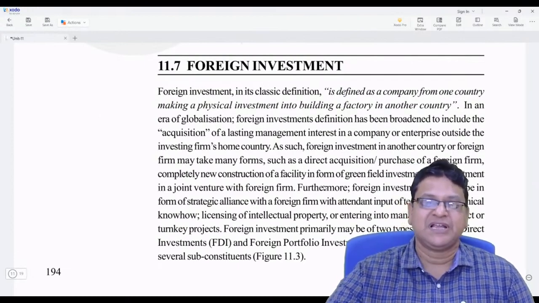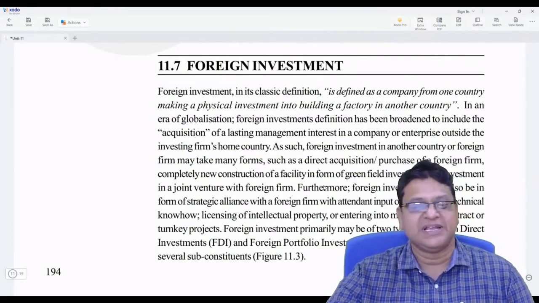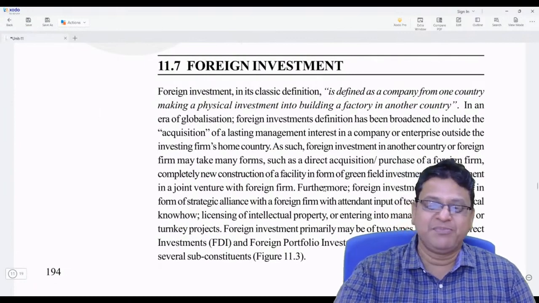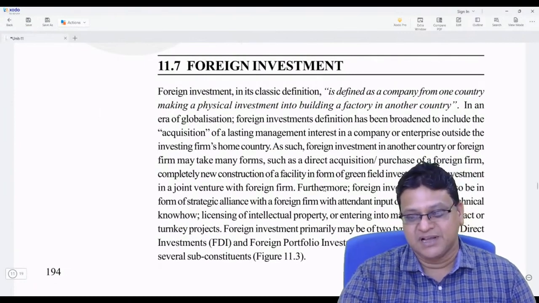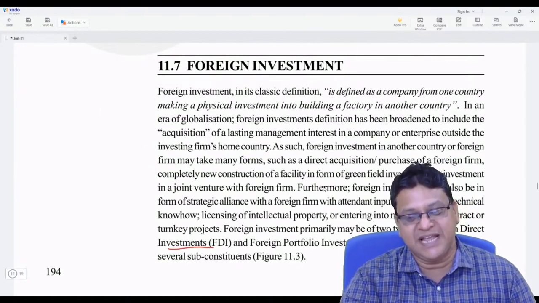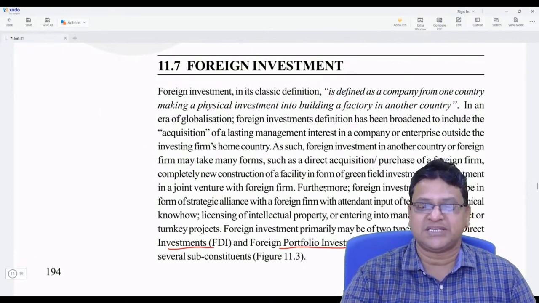Investment coming from outside the political boundary of your country is known as foreign investment. Foreign investment may be of two types. One is foreign direct investment, which is known as FDI. Another is foreign portfolio investment, which is known as FPI.